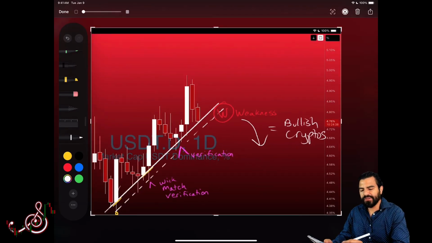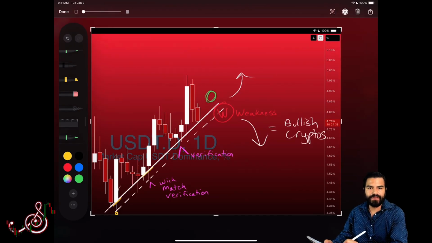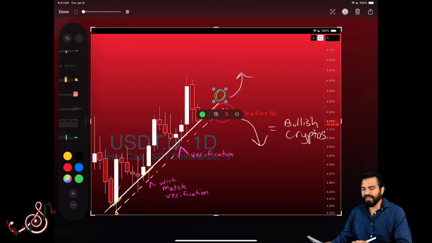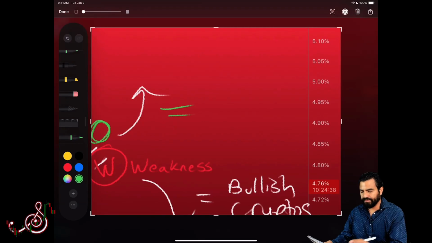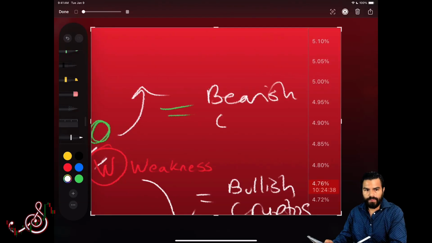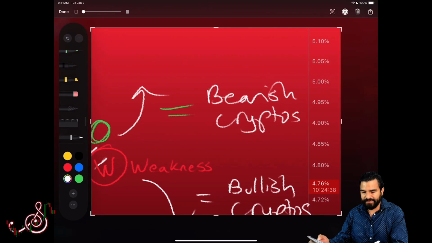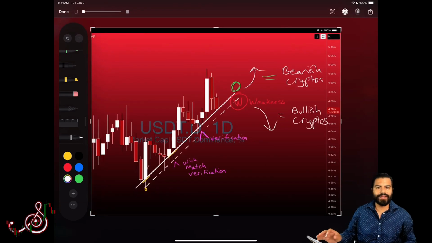If this continues going up and we stay in health, which is where we're at right now, price is still responding to the positive side. If we still stay, then we know that that's negative for cryptos. Bearish cryptos.